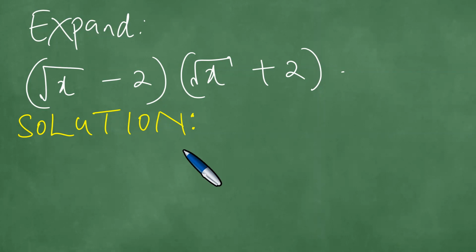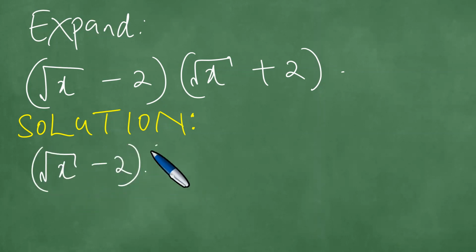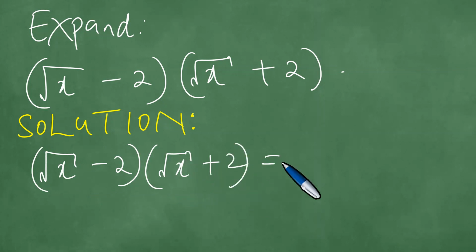You get x minus 4. Why? How do you get that? I mean, you're right, but how? So I multiplied the square root of x times the square root of x, then I got x. Square root of x times the square root of x gives us x.